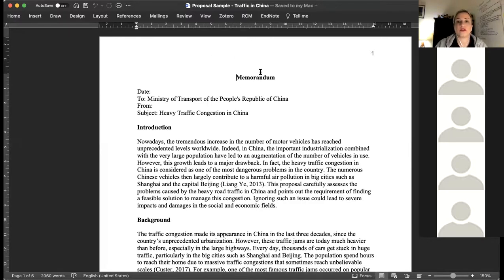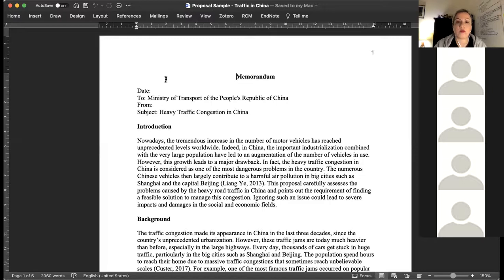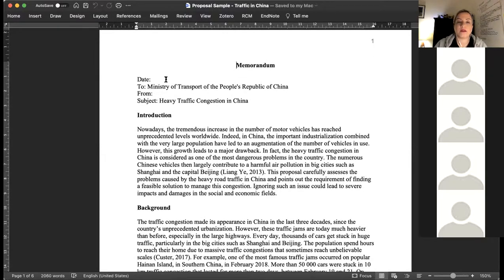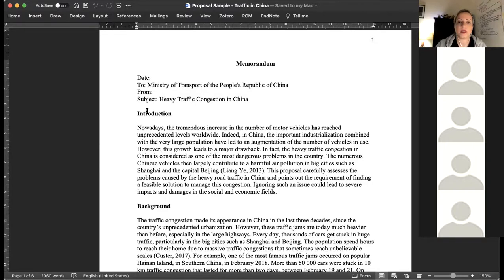First of all, students decided to write it in the form of a memorandum. You can do that, or you can follow whatever sample I gave you, which is the document we were just looking at. I wouldn't consider this to be visually very appealing. I'm not saying go all fancy and use all colors, but make it easy to navigate.